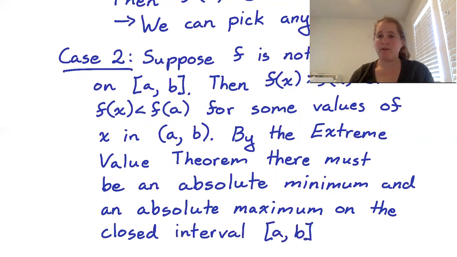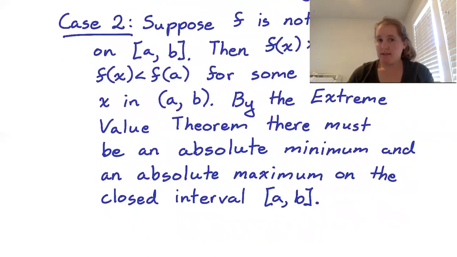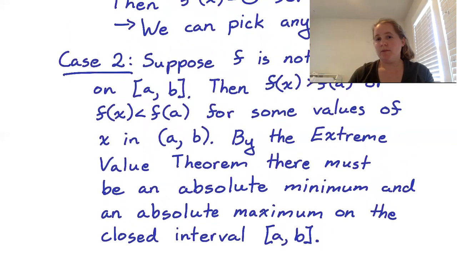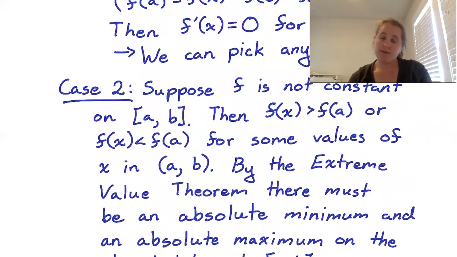Again, the extreme value theorem says if the function is continuous on the closed interval AB, then it must have an absolute minimum and an absolute maximum on that interval. Furthermore, since there are some values of x where f of x is either larger than f of a or smaller than f of a, at least one of the absolute maximum or absolute minimum must occur inside the interval.